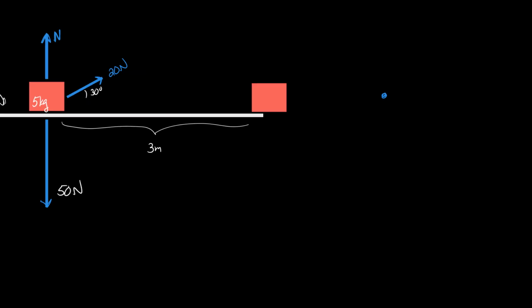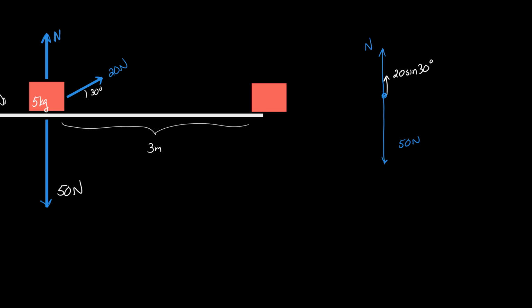Now, there's a downward force of 50 newtons, an upward force from the normal force of an unknown amount, and then there's the part of the 20 Newton force that is upwards, which would be 20 times the sine of 30 degrees.